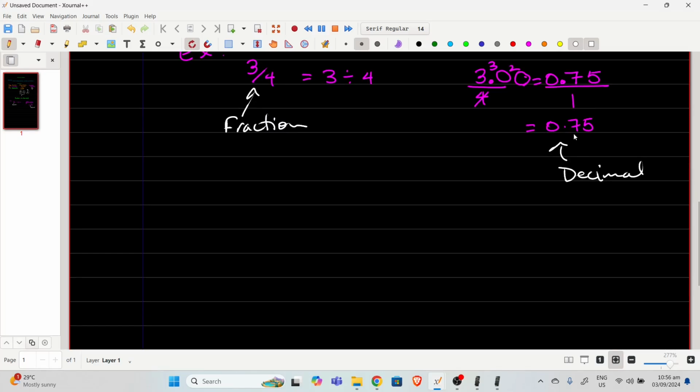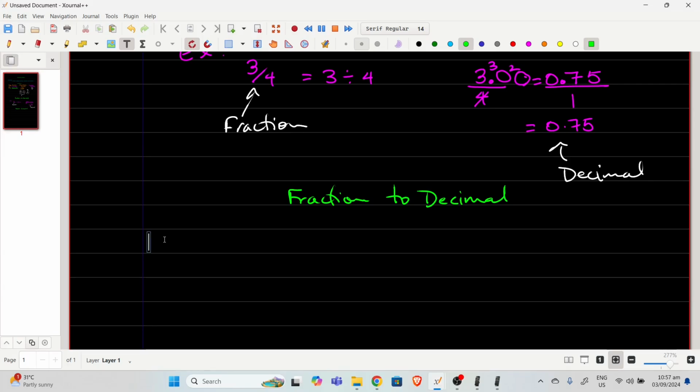All we need to do is just shift the decimal point 2 places to the right. So let's say fraction to decimal, fraction to decimal. What we have to do is write it here.